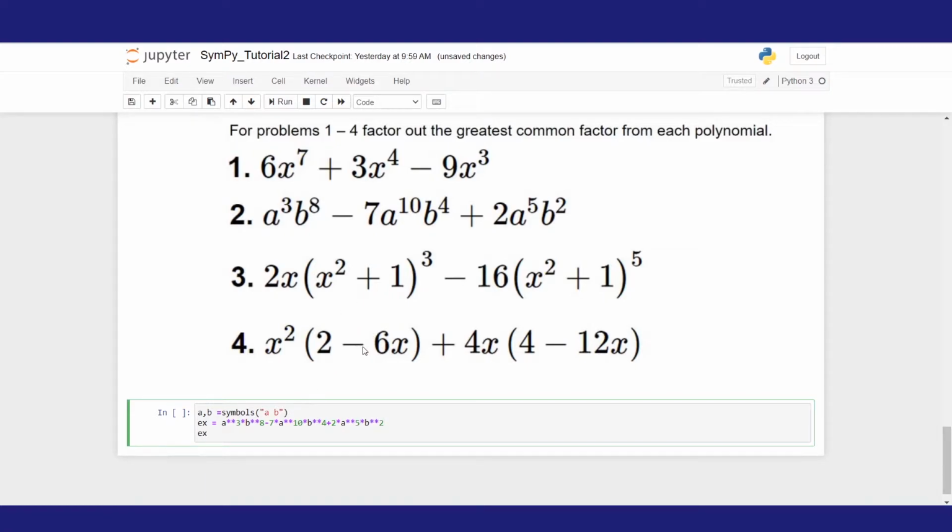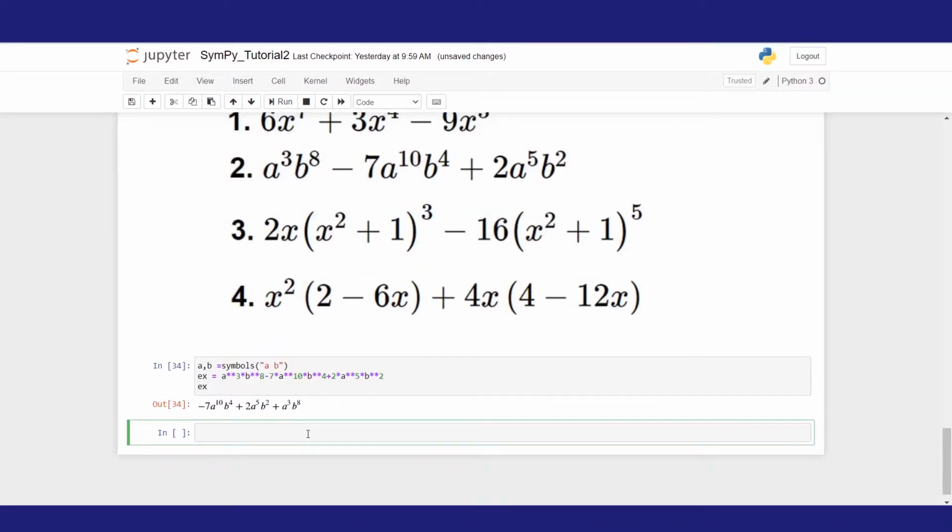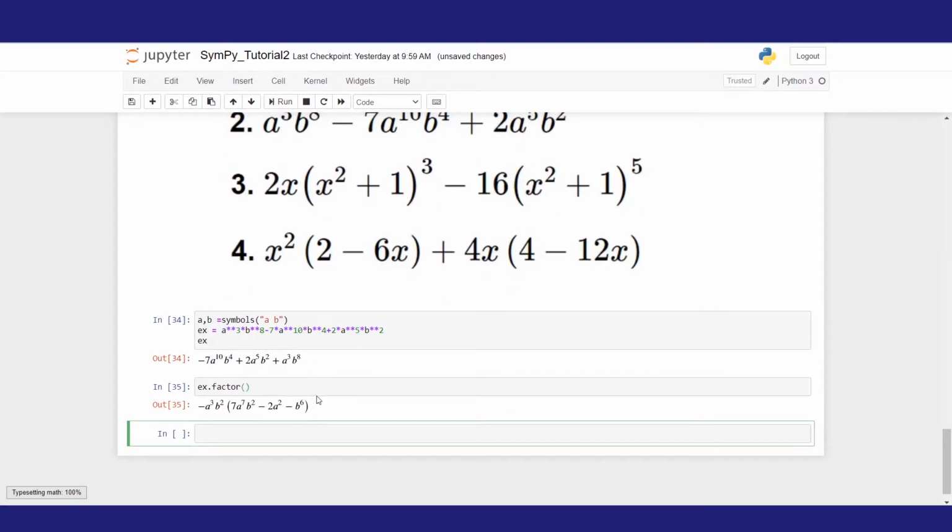So if I just go down there and call it, this is what we have: minus 7 a to the power 10 b to the power 4 plus 2 a to the power 5 b squared plus a cubed b to the power 8. So what I'm going to do is say x and then factor, and let's see what this gives us.